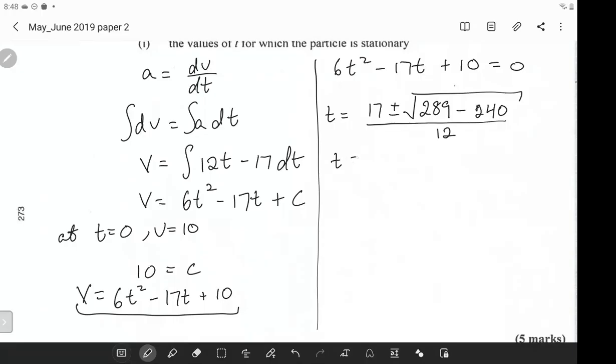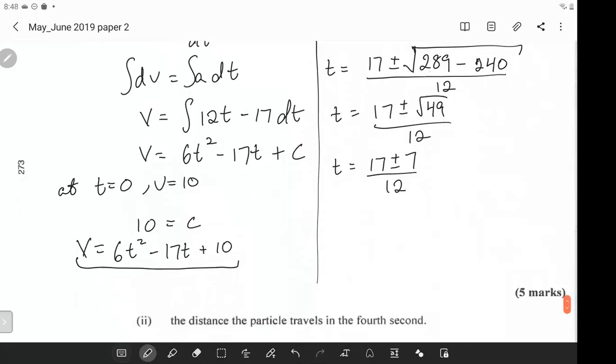So t is equal to 17 plus or minus, right? So we have 289 minus 240. What is that? That is 49. So the square root of 49 divided by 12. So we have t is equal to 17 plus or minus the square root of 49, which is 7, over 12.